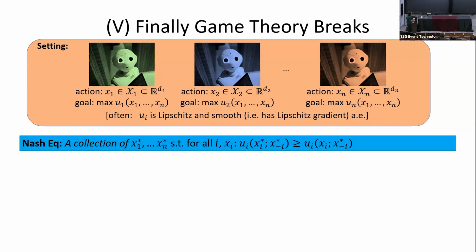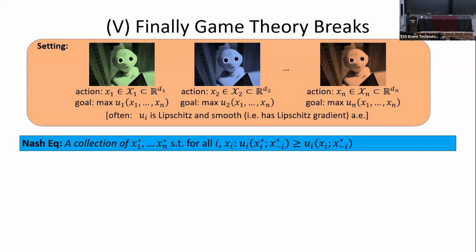It's a selection for each of my agents, so that no agent i has an alternative selection that could improve their utility. If the other guys do what they do, no agent i can discover an alternative setting of their parameters to improve. That's Nash equilibrium.